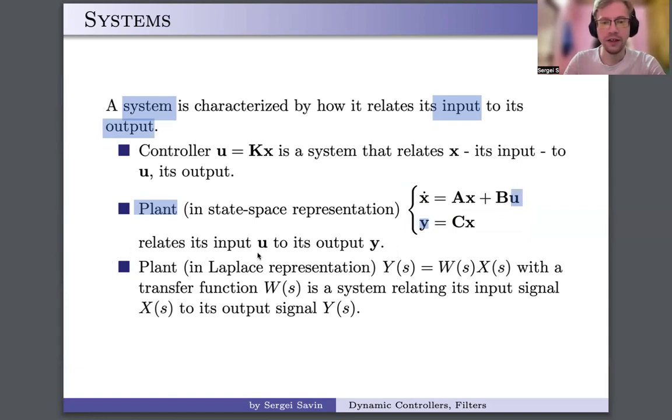And finally, also plant, a dynamical system we want to control, can be described as output y in Laplace variables equals transfer function times u in Laplace variables. All right. So those are the examples.